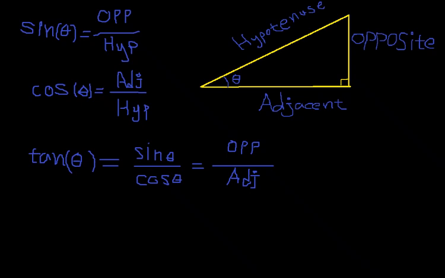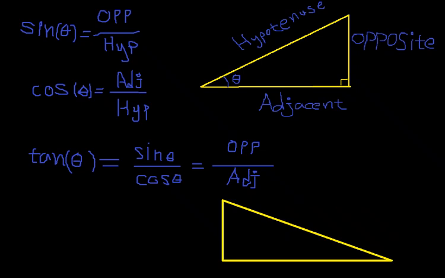For example, if you wanted to solve another problem, here we've got a right triangle again, and let's assume that we have the angle here, which is our theta. Let me write a better theta using my pen device.